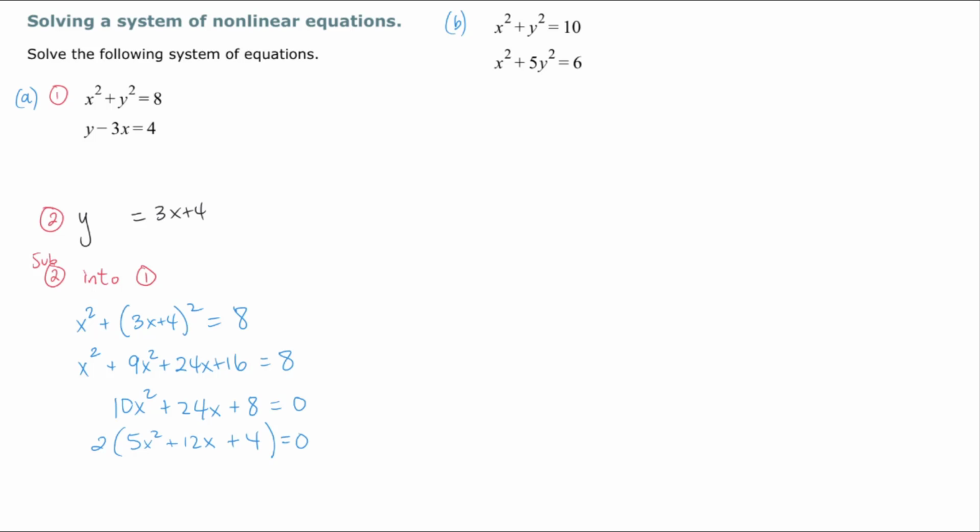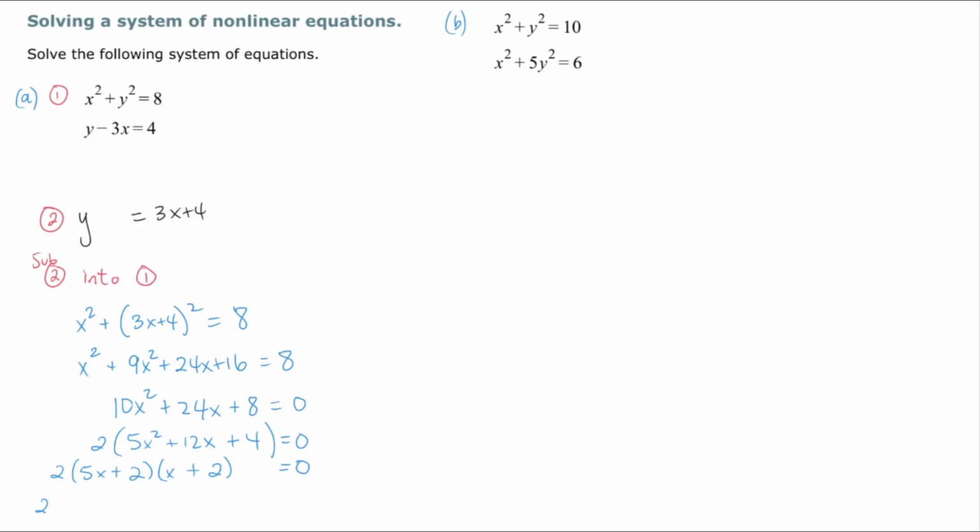Now we're going to factor this. I like to use trial and check. Luckily 5 is a prime number, so we can use 5x there. Can we make 12? I believe so. Put a 2 and 2 here, and then put a plus and plus here. And I did check my factoring. That is correct. This is now equal to 0.